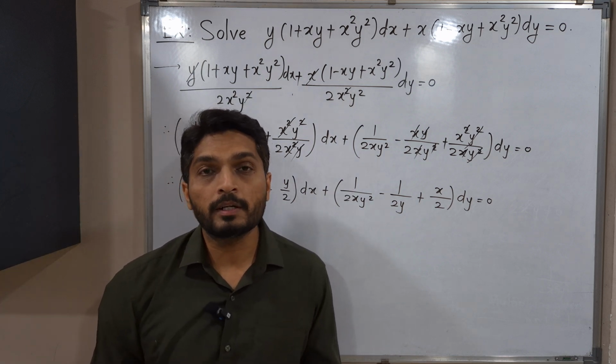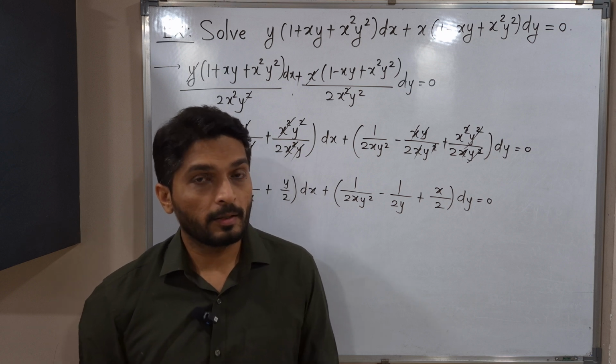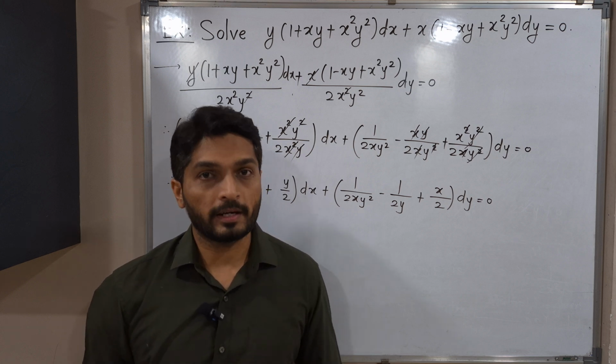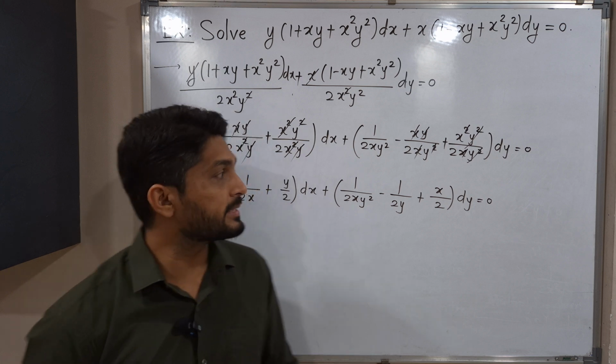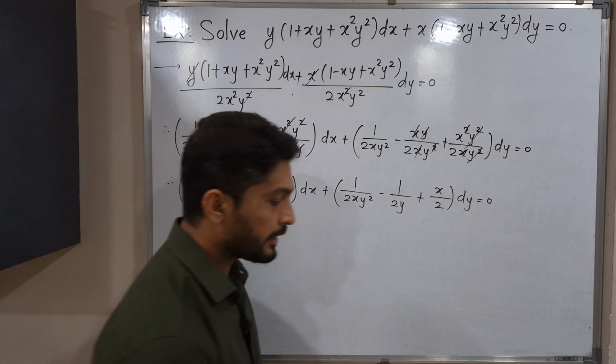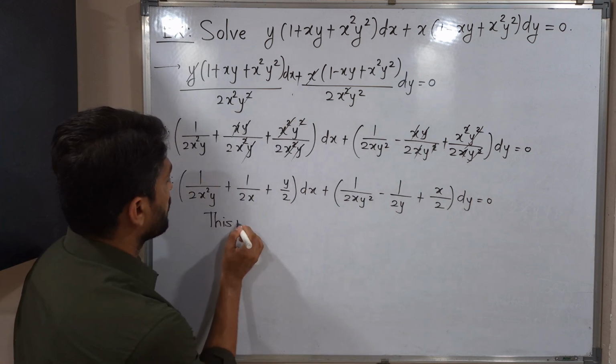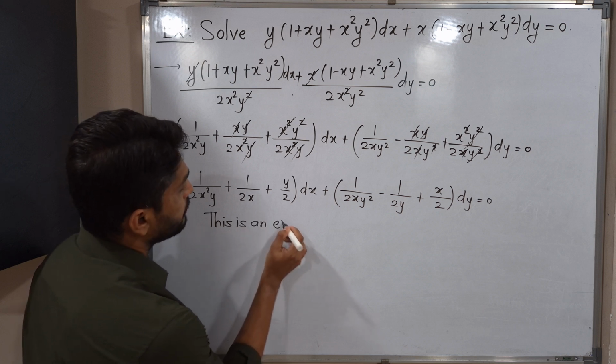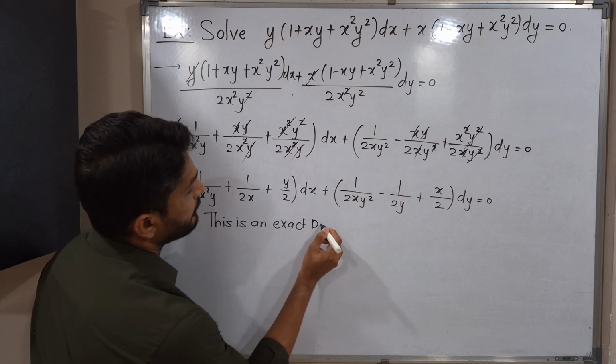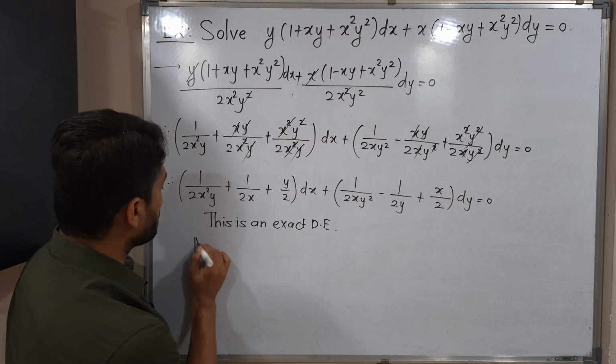So initially the given differential equation was non-exact. By multiplying integrating factor, we converted into exact. It means this differential equation is an exact differential equation. Let me clearly mention, this is an exact differential equation, right? So let me write new m.